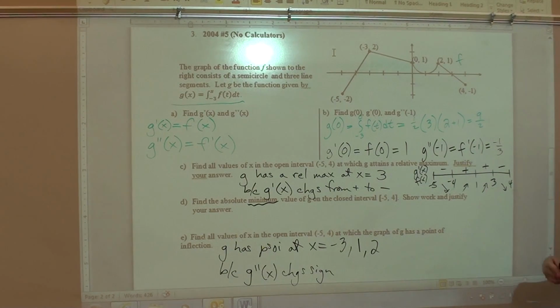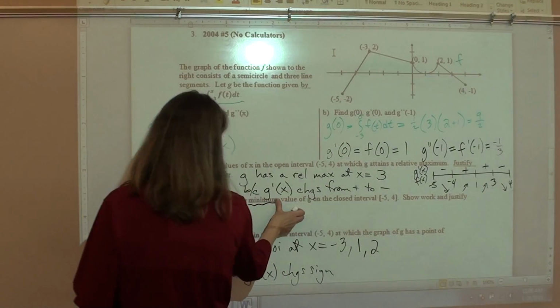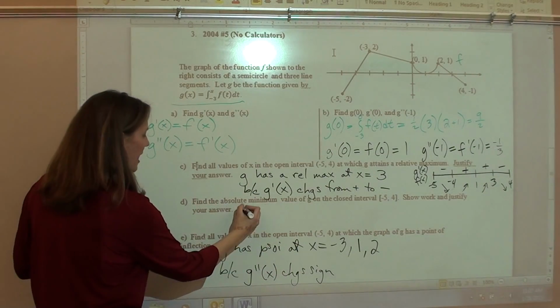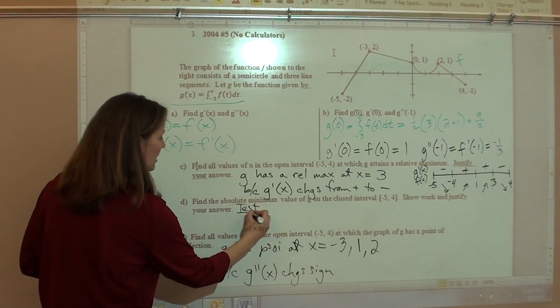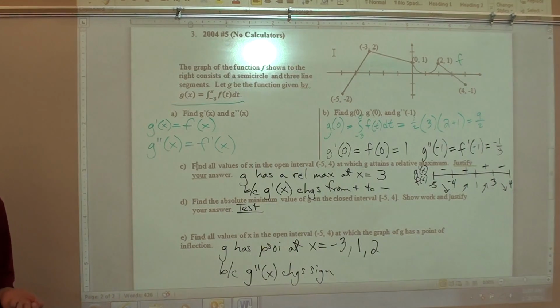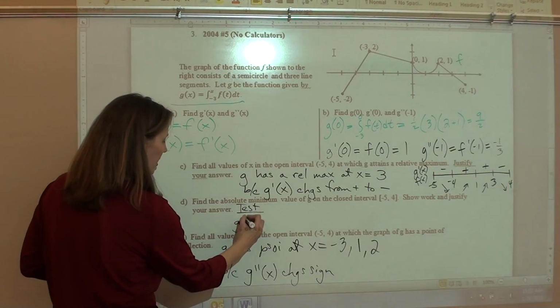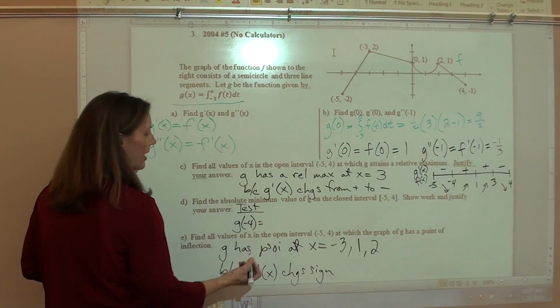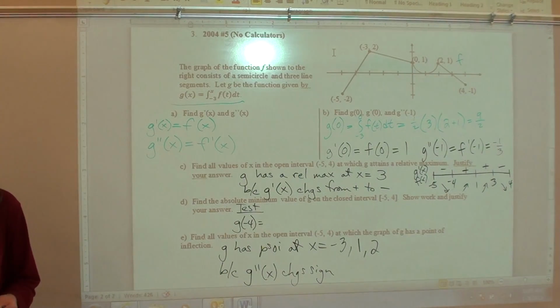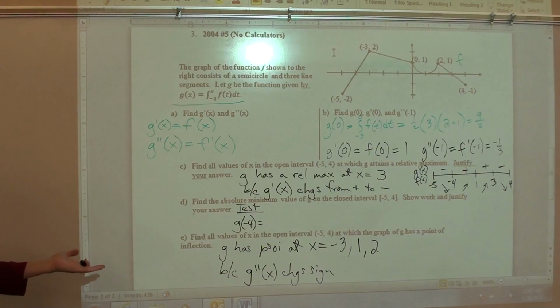So now, this is absolute extreme on a closed interval, so we test our critical numbers and our endpoints by plugging them into the original function. So we need G of -4 and G of 4. How do I find G of -4?